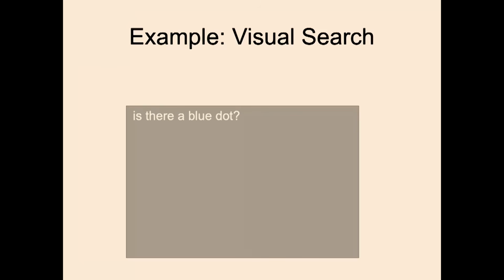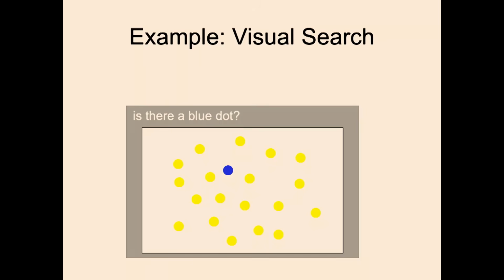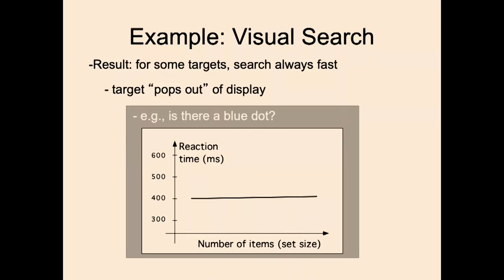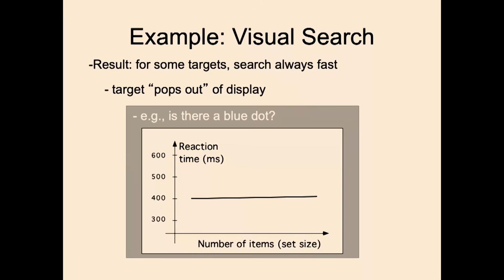We then talked about visual search, where you have to detect some target that's maybe defined by features, and saw that there are some visual search displays where the target is very easy to detect, right? We say that it pops out. And so we talked about how we typically measure performance in a visual search task by plotting the reaction times, how long it takes you to determine if the target is there or not, versus the number of items on the screen, the set size.